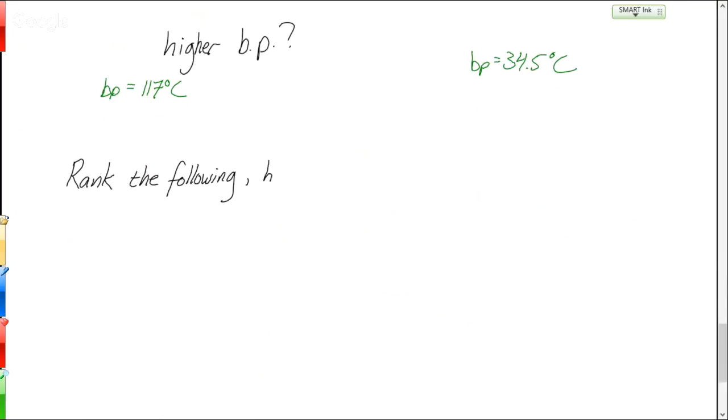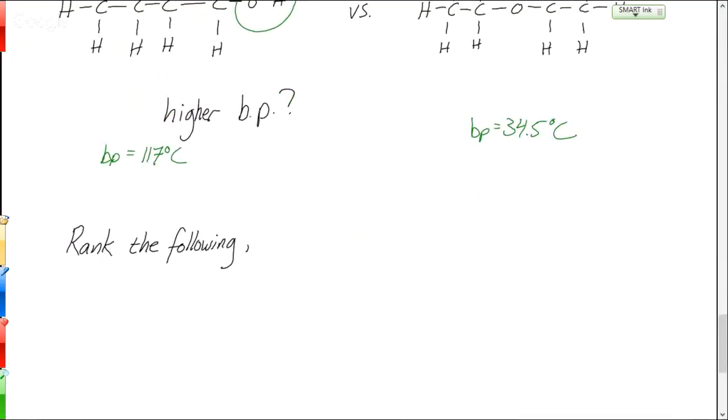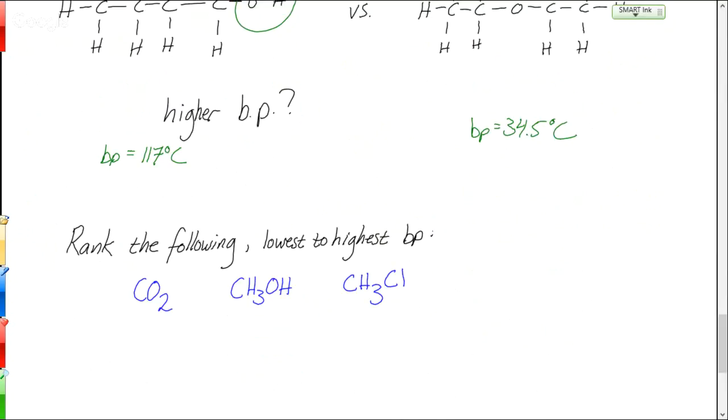All right, rank the following lowest to highest boiling point. Got CO2, CH3OH, methanol, and CH3Cl.